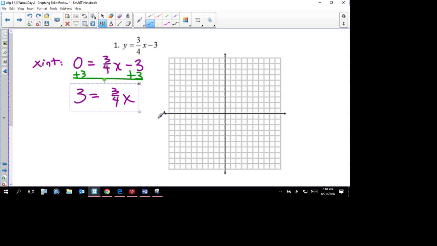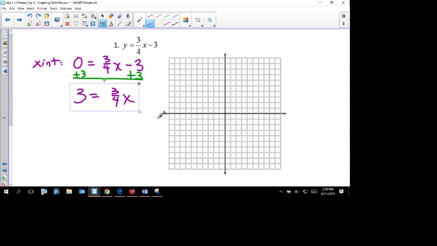If I'm reading 3/4 x, it would be 3/4 times x. So what's the opposite of times? You divide by 3/4. But do you all know how to divide by fractions?